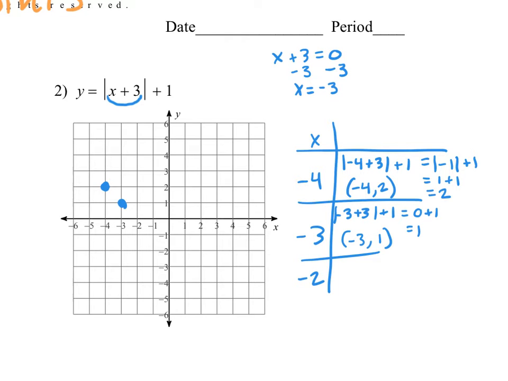Now we plug in negative 2. So the absolute value of negative 2 plus 3 plus 1. What is negative 2 plus 3? Positive 1, and then the absolute value of positive 1 is 1.